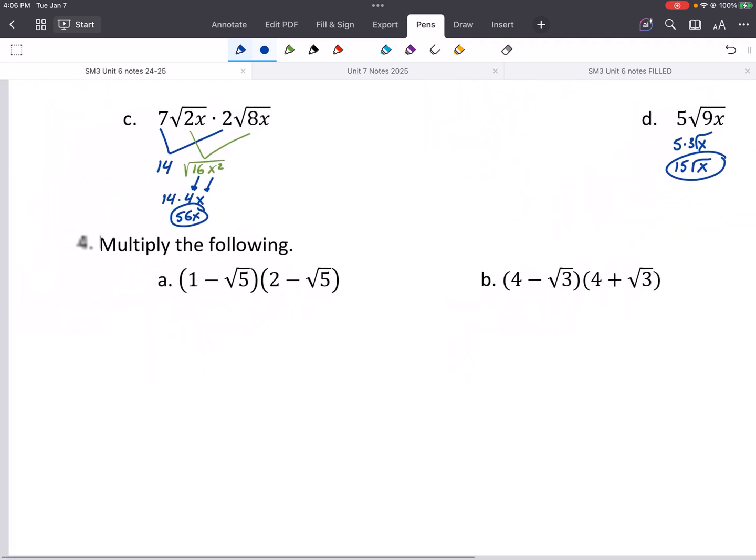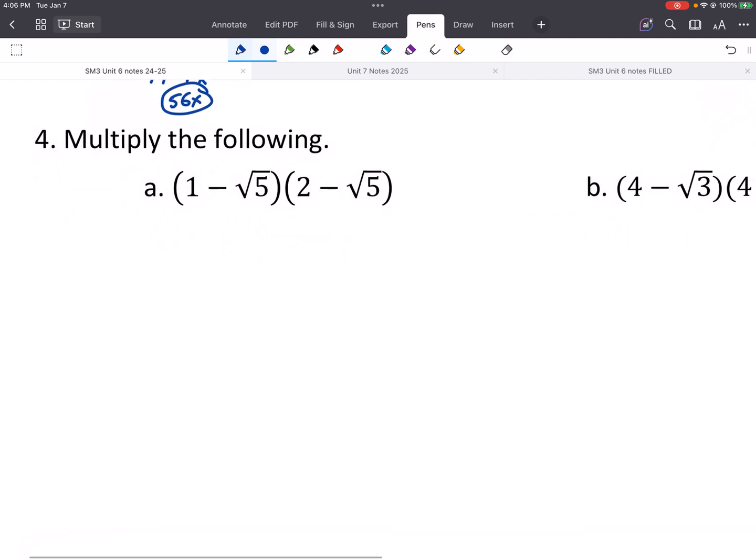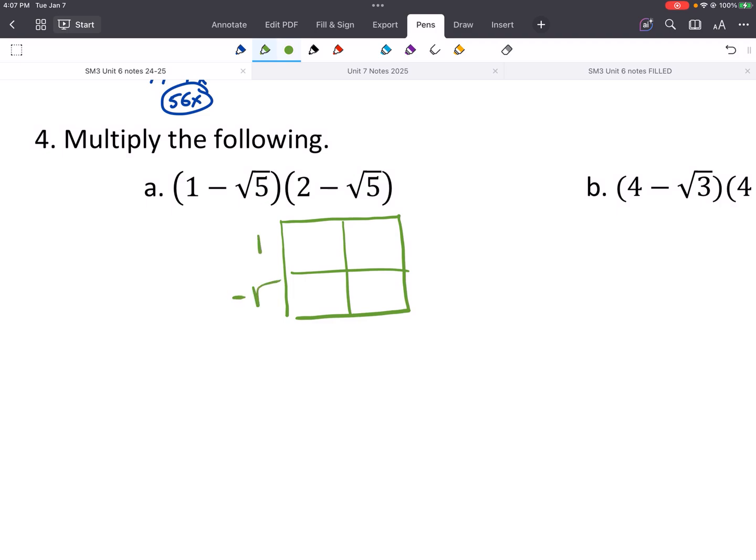All right, and then just something really quick. You may or may not run into this, but just in case, I just want to throw this in. If you need to multiply binomials, we know how to do that. It just looks a little different because we have square roots instead of maybe variables, but we end up doing the same stuff.